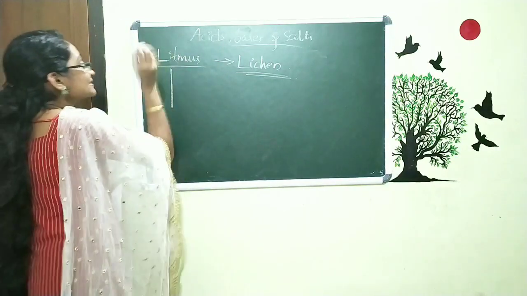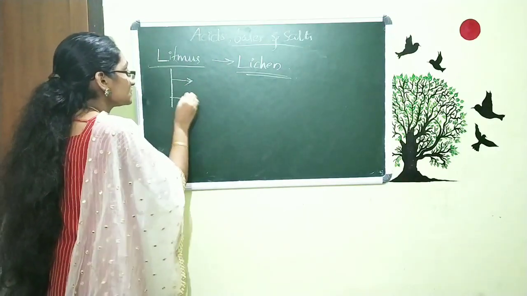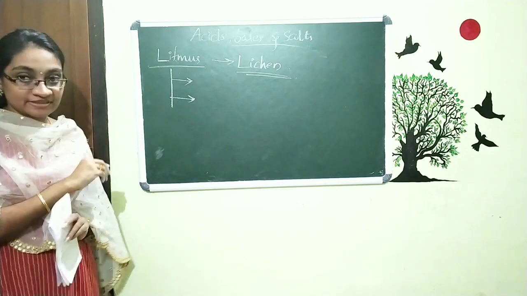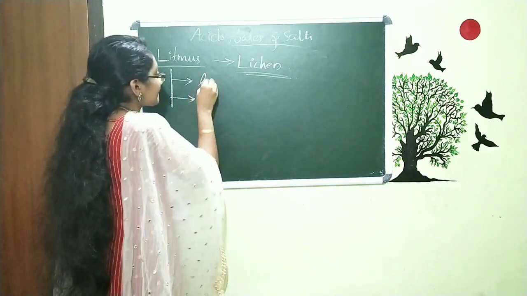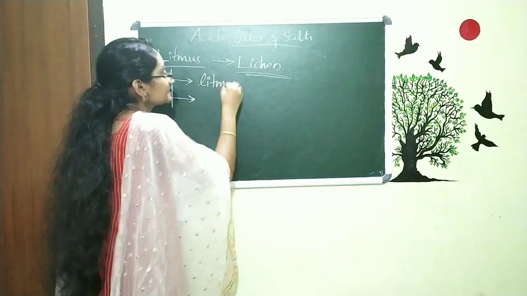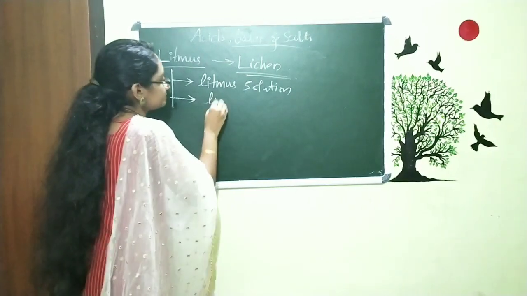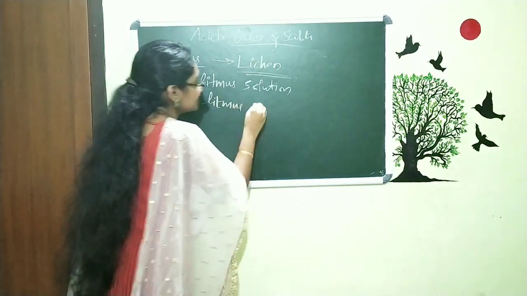From this litmus, we can prepare two different types of indicators: litmus solution and litmus paper.